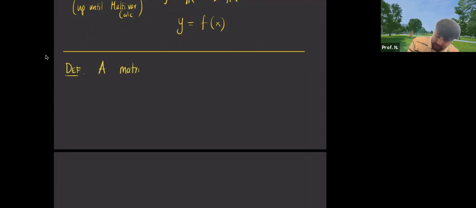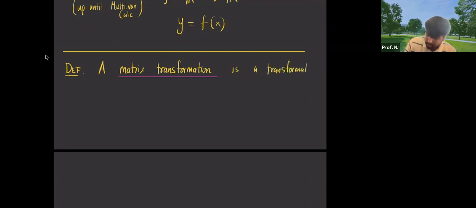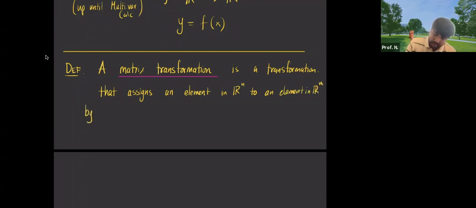A matrix transformation is a transformation that assigns an element in Rn to an element, or vector, in Rm by left multiplying.